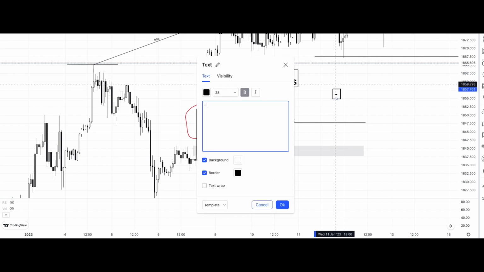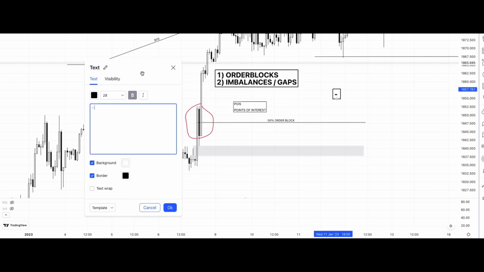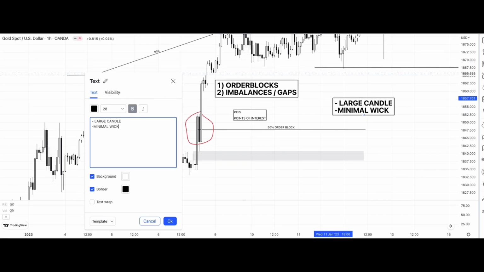So you want to look for order blocks with large candles, as you can see here in the red circle, large candles. You want to look for order blocks with a minimal wick. And you also want to look for order blocks that engulf each other, an engulfing candle.